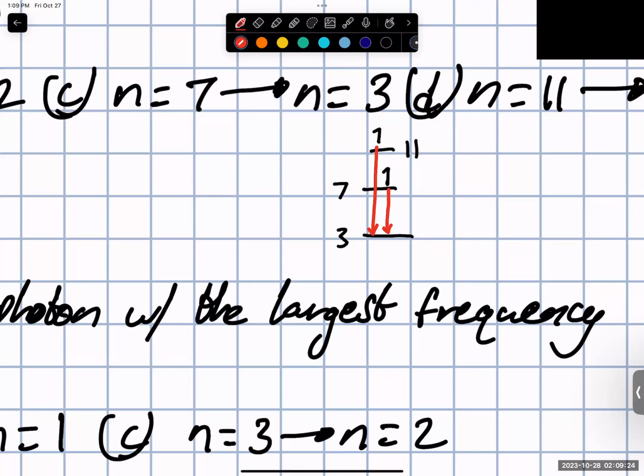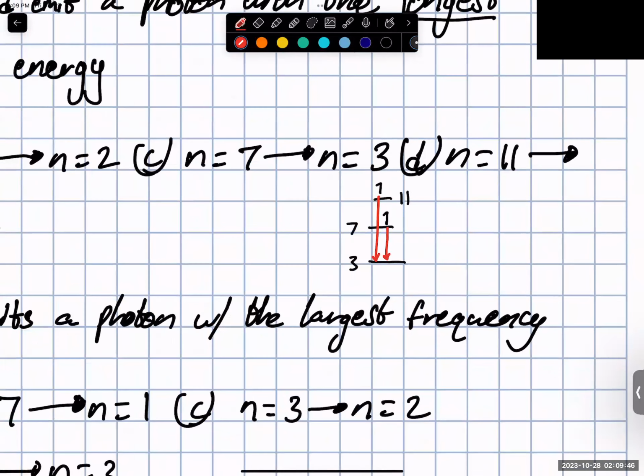So which one is going to have more energy associated with it? 11 to 3, right? Because, like Rich said on Wednesday, you can think of it as a building. You're going to have more potential energy up here. When you jump down, you're going to end up releasing more energy in the form of electromagnetic radiation. So the answer is actually C, because they are both Paschen series transitions, right?